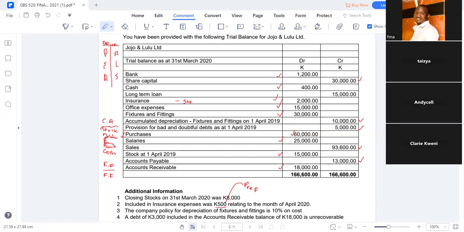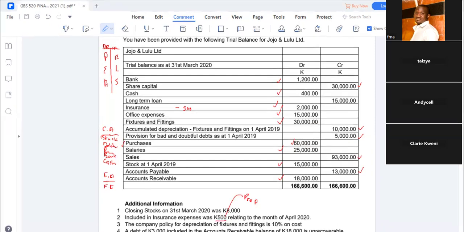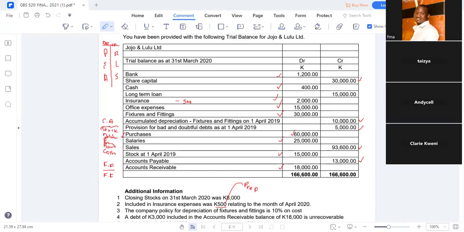So let's discuss the adjustments that are here and how we're going to treat them. So let's start one by one. We have adjustments down there. So how do we treat the first adjustment? Closing stock.